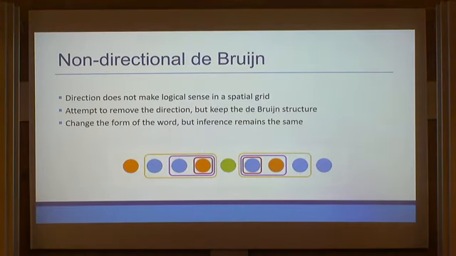And then a little extension of what I've been working on quite recently is that we've been thinking, especially in this 2D version, it doesn't really make logical sense to put some sort of direction on a spatial grid. And so we've been thinking how to take the direction out of the de Bruijn, but keep that de Bruijn structure in it. So we'd be looking at trying to change the form of the word.